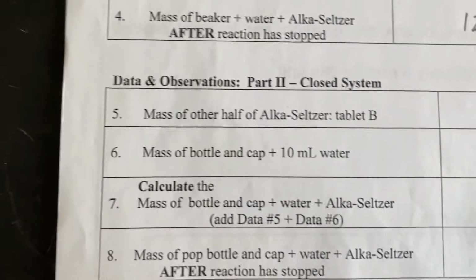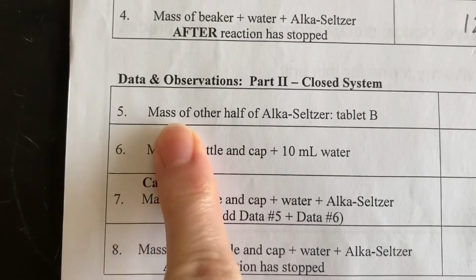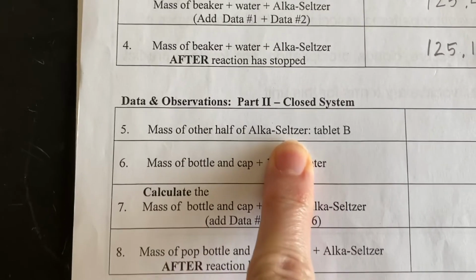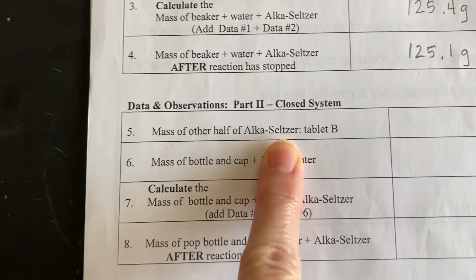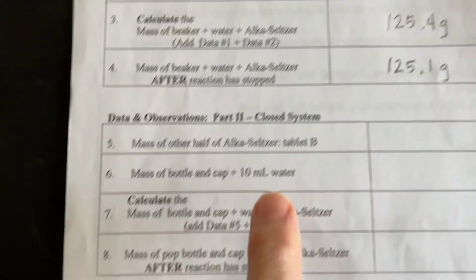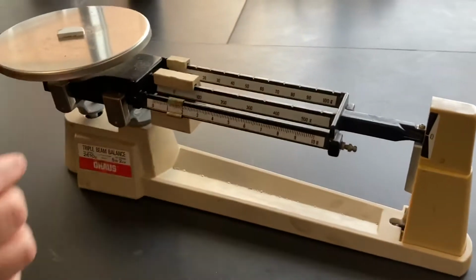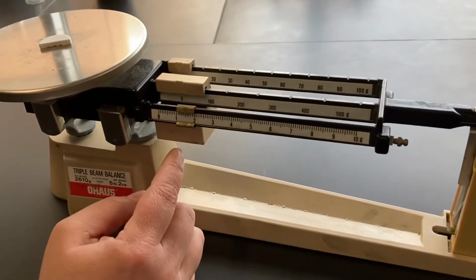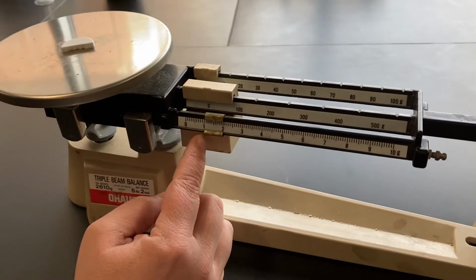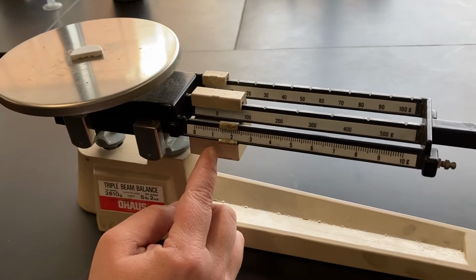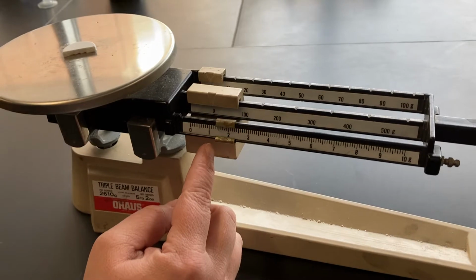So everyone, look at your data table. The first thing that we're going to do is measure the mass of the other half of the Alka-Seltzer tablet, because we used half of it for the open system, you remember. Now we're going to use the other half and get the mass of that. It should be pretty similar. If you look back at your data table, that one was 1.9.